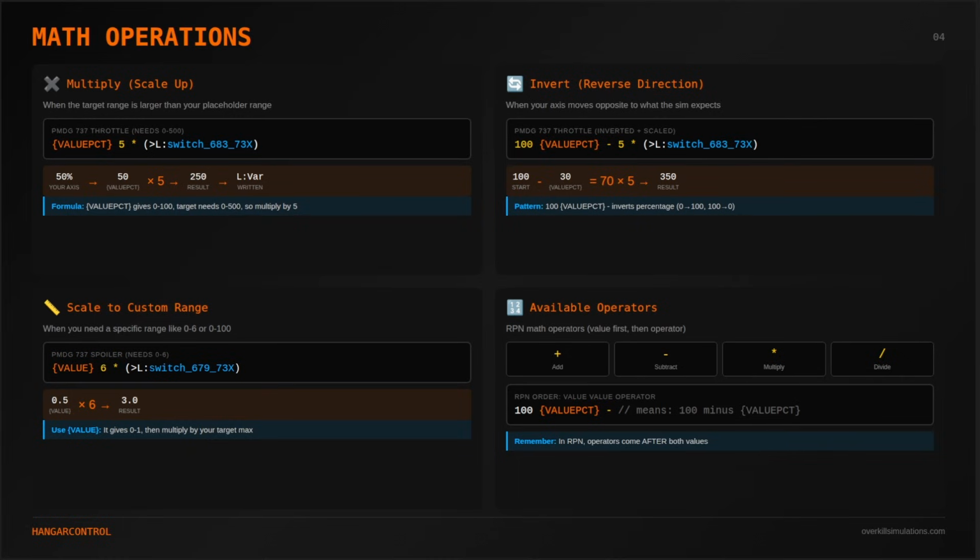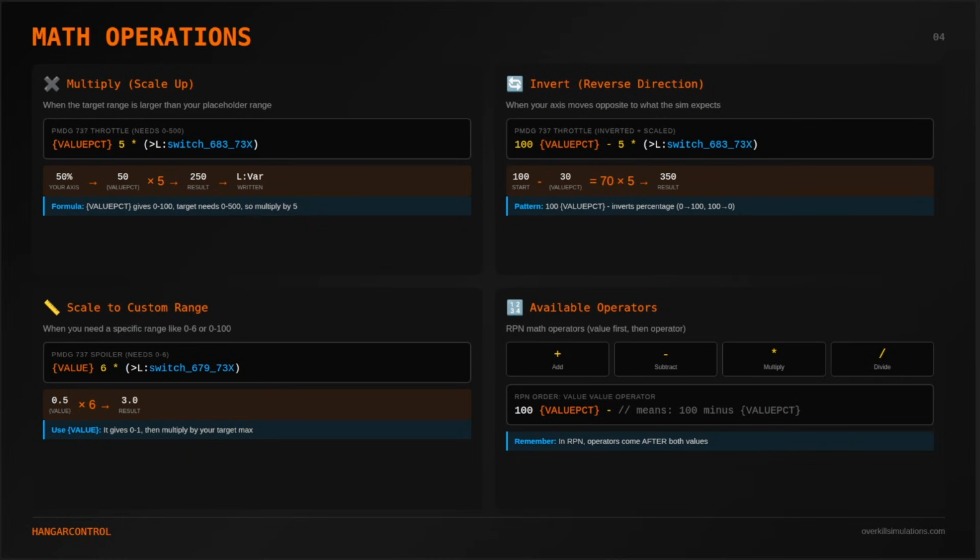So if your axis is at 50%, value percent becomes 50 times 5 equals 250, which then gets written to the LVAR. Perfect.